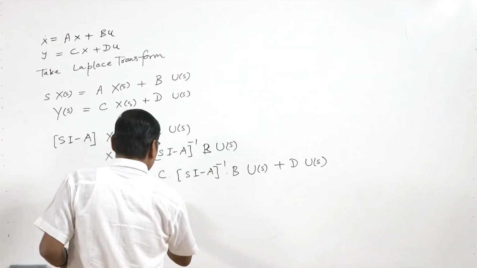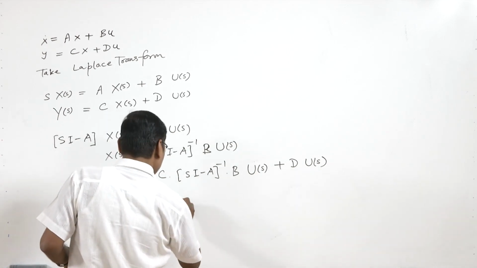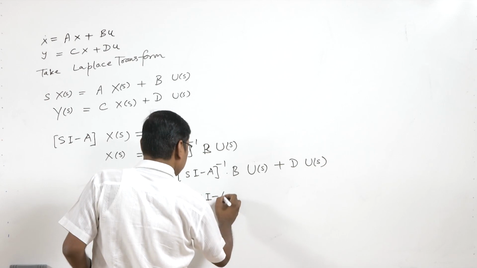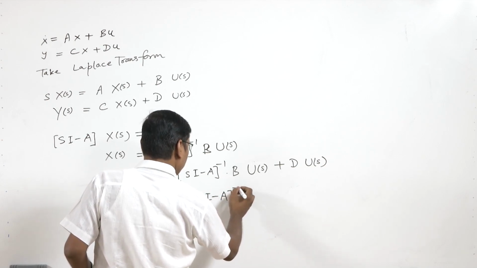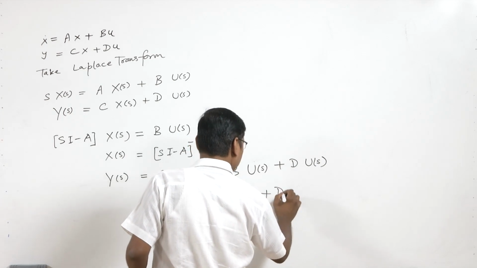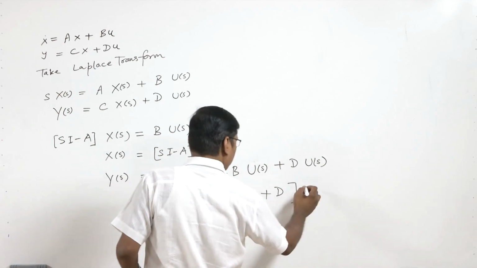So we can write this as C (sI minus A) inverse B plus D, times U(s).